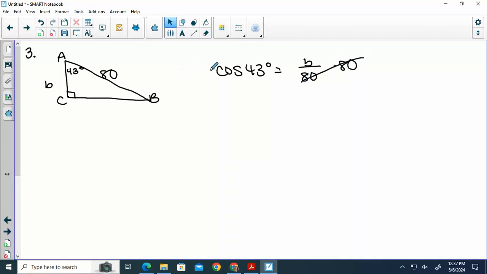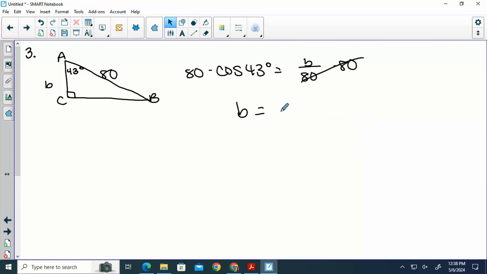So then we have to multiply over our 80, and use one of these calculators because I don't have any others today. Make sure you are in degree mode. And so we have a cosine of 43.